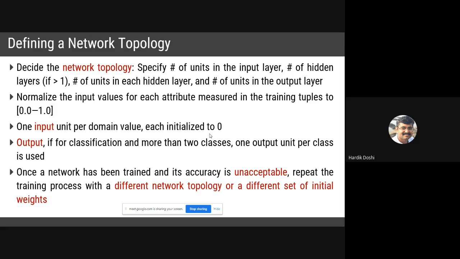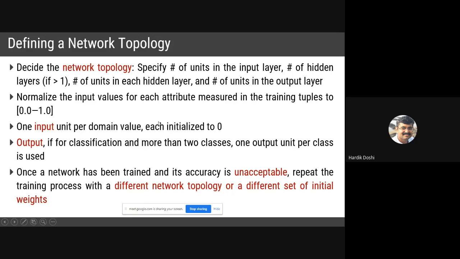And once a network has been trained, if its accuracy is unacceptable, then I need to define another network topology, or I need to have a different set of initial weights. See, these two changes I need to take care of. If my trained network is unacceptable, the question arises, when can I say my network is trained?